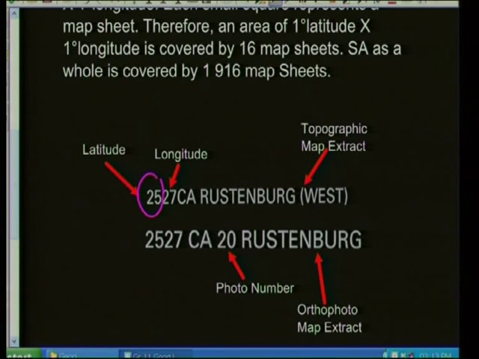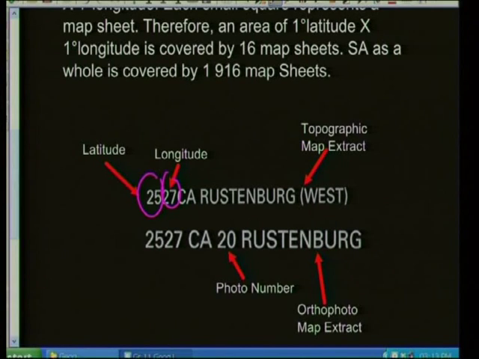If you look at the top left-hand corner of your map, you will find 25 written there. 27 is the longitude. And these figures exist on the map. Do you understand? This tells you about the big block C and the small block A.